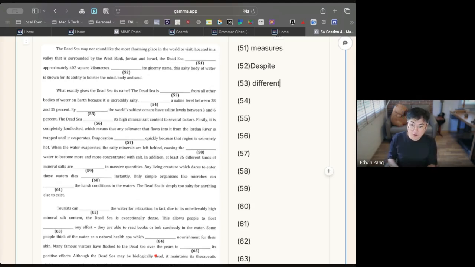And then 54, a saline level, that means the salt level. Saline means salt. A salt level between 28 and 35%. So this one is the additional information to explain why it is incredibly salty, right? It is additional information, so this is another connector, and this connector is related to the salty. Let's have Ruel.